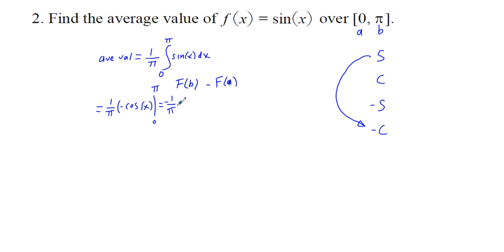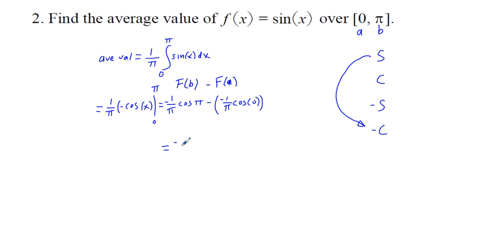And then we're going to have cosine of pi, all right, minus, parenthesizing, negative 1 over pi, we're going to have cosine of 0. And let's work below.